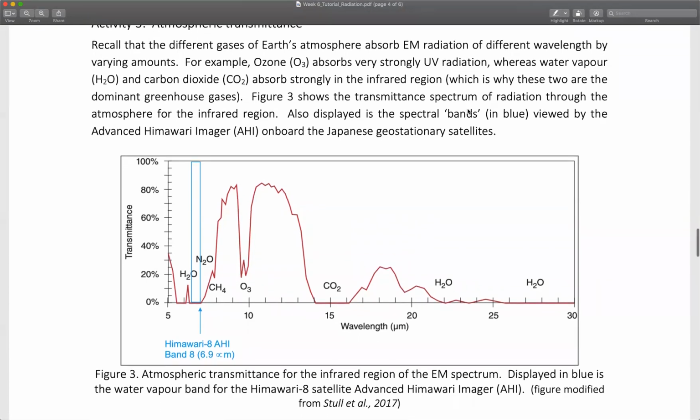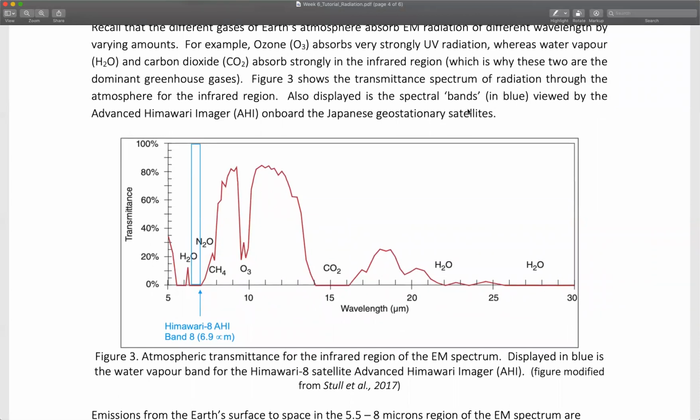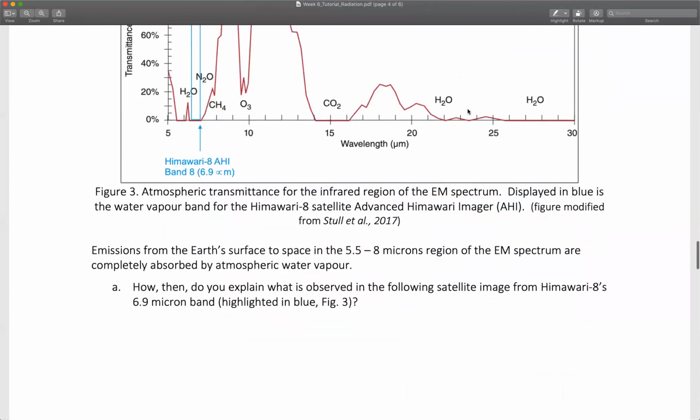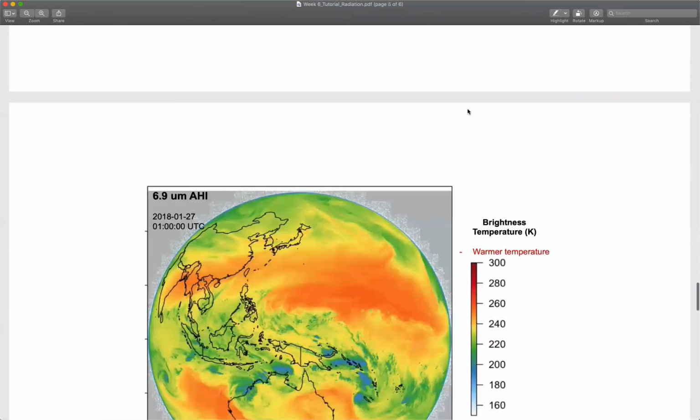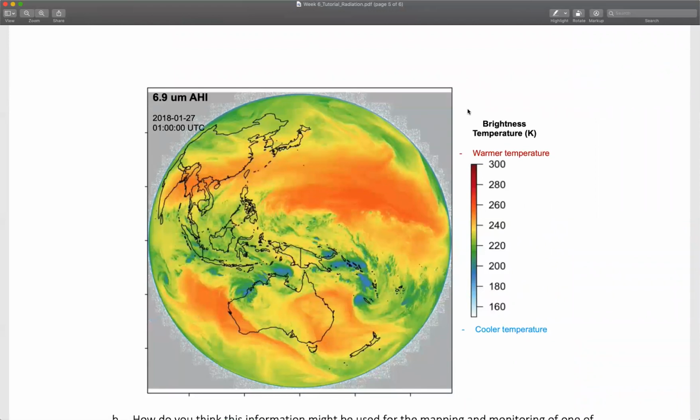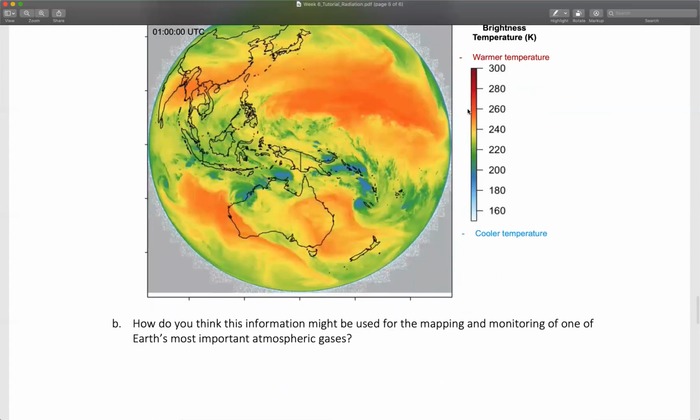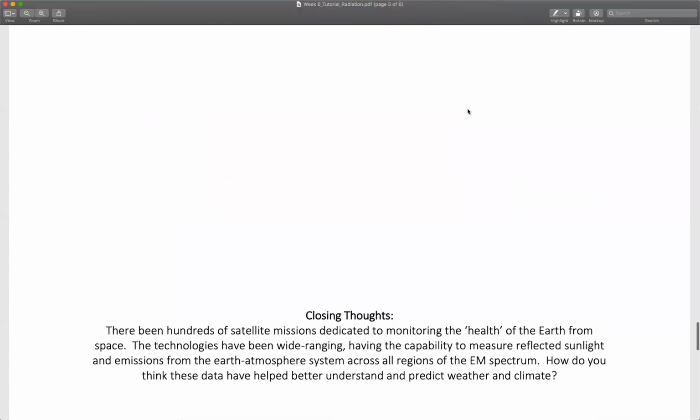So this is something a little bit close to my own area of research, which is why I've included it, and that's looking at real satellite data and understanding that parts of the electromagnetic spectrum don't make it from the Earth to the top of the atmosphere. And you should understand why that is, absorption of the various gases, and try to understand then how can we get a picture like what I've got displayed here now from that information. So hopefully that's sufficient information to get going.